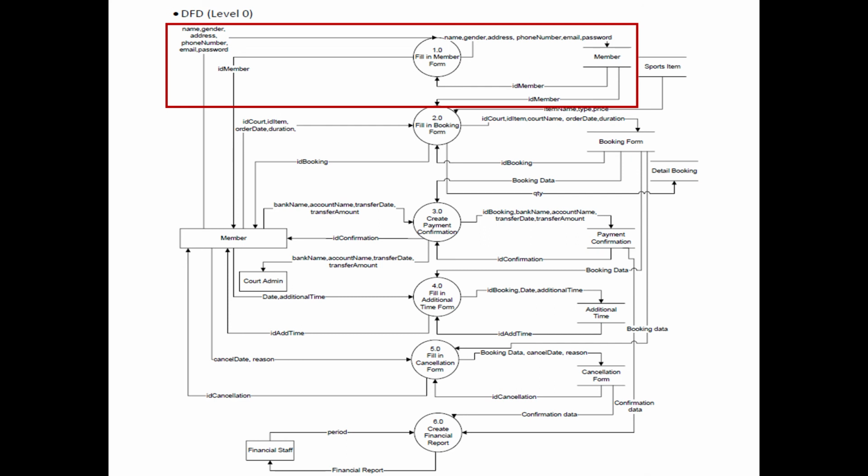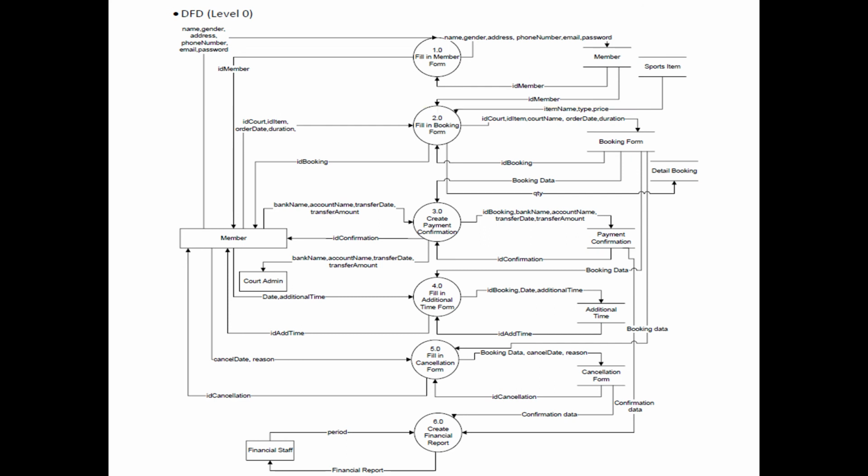The member data store provides information to other processes. You can see in that diagram, the member data store gives information to process 2. So, in the Sportation DFD, a data store can send information into other processes. It should be noted that the data flow diagram of Sportation uses a different notation version, but in your assignment and project, you have to use the notation as I explained before in the DFD notation part.